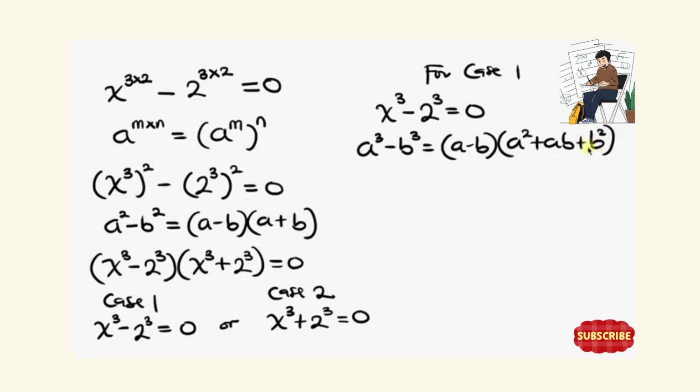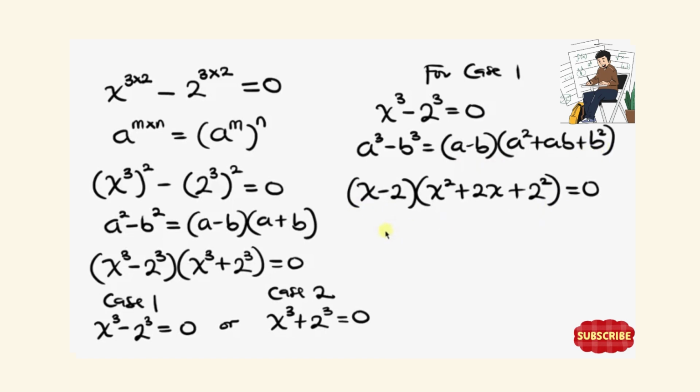Very good. So let's write this in this form. So this can be x minus 2 times x squared plus 2x plus 2 squared. Very good. And this is equal to 0. So we've been able to write this in the form of difference of 2 cubes, just like this.